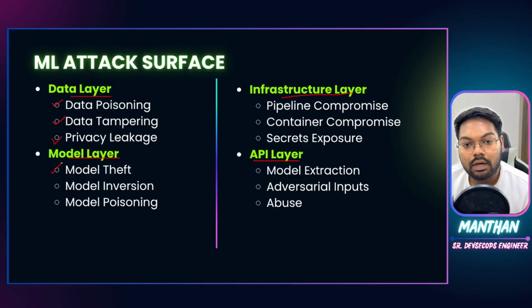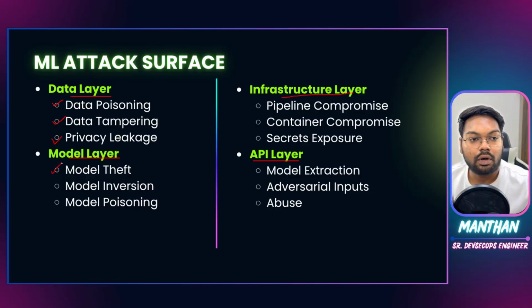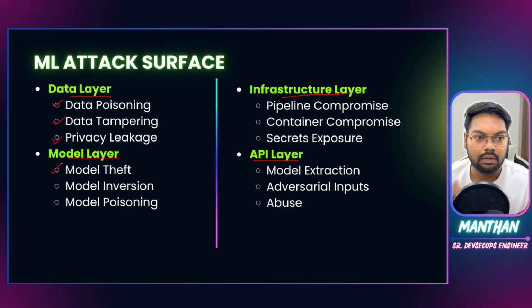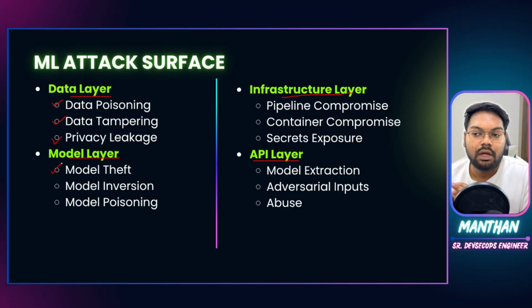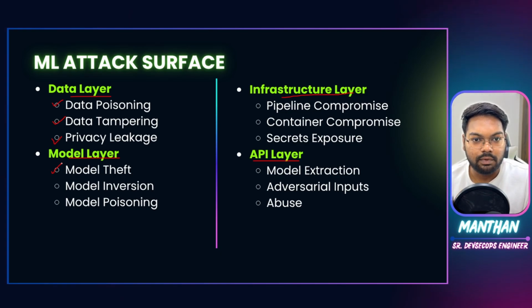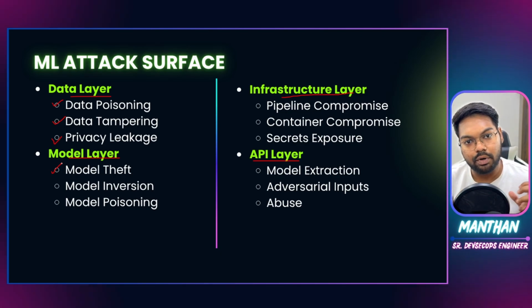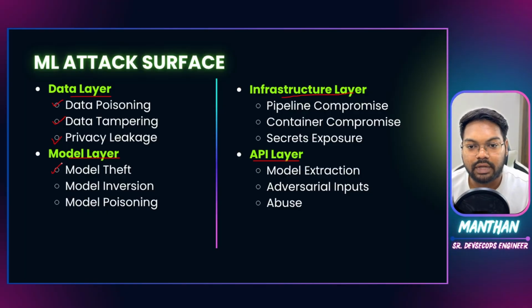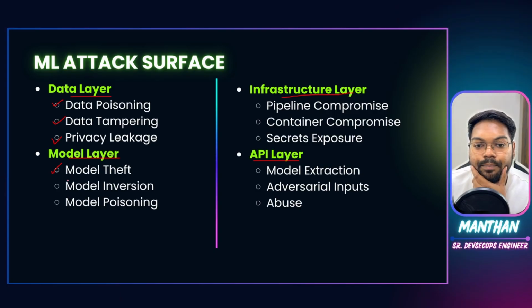Then on the model layer, we can see model theft. Someone can steal a trained model and its functionality from us, and then we will not have a competitive edge in the market. That could be a business loss for someone who is building something from scratch. So that's why model theft is one thing.